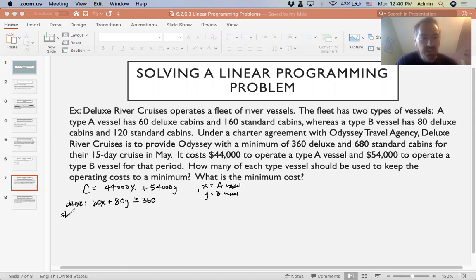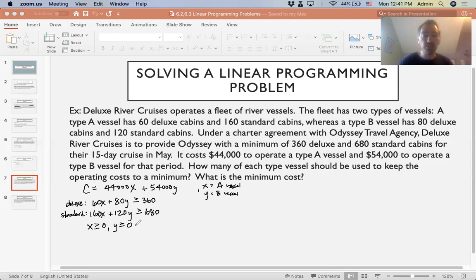And for the standard cabins, we have 160 standard cabins for X, 120 standard cabins for Y, and that's got to be greater than or equal to 680. And of course, we have our typical constraints of x greater than or equal to 0, y greater than or equal to 0, because we cannot have a negative number of deluxe and standard cabins.